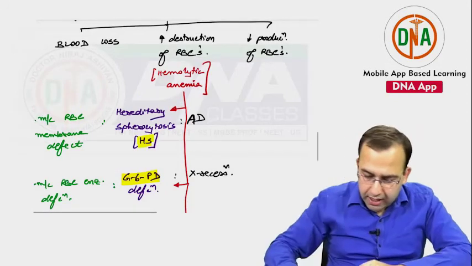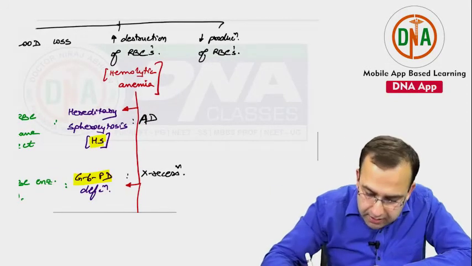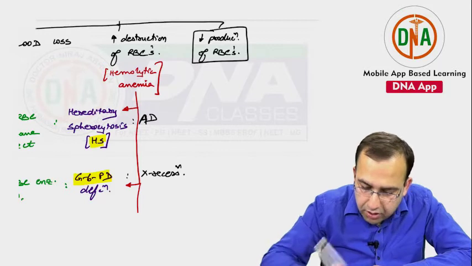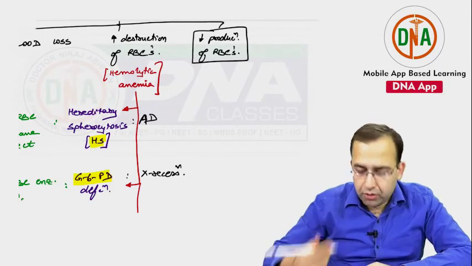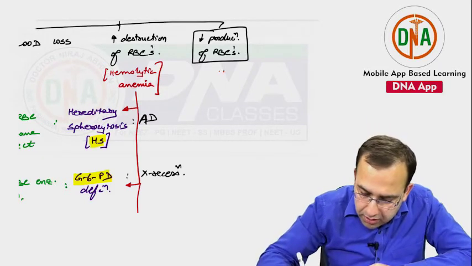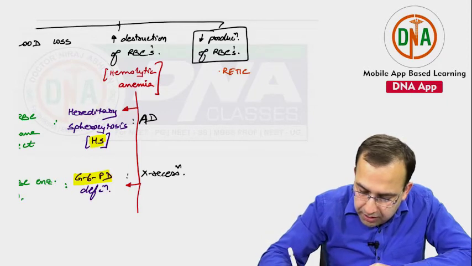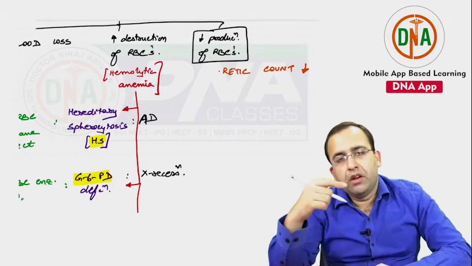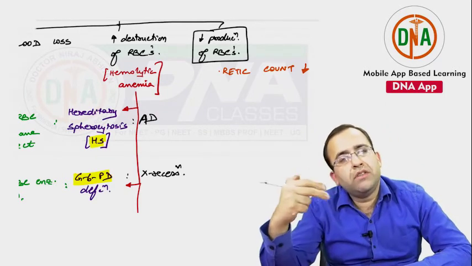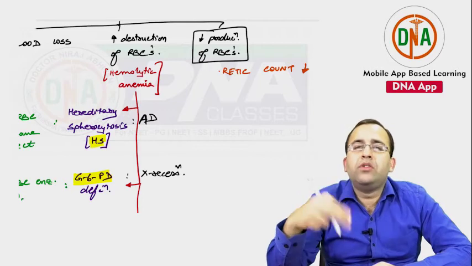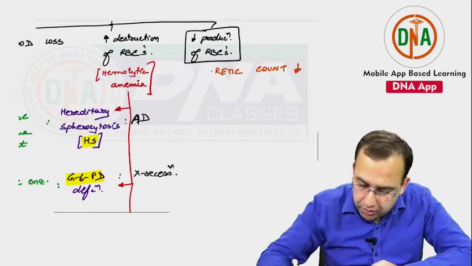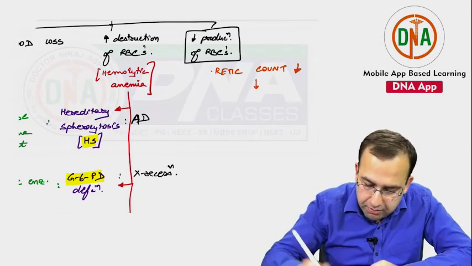And the last category is reduced production of RBCs. If the production of RBCs is reduced, it means the patient has a reduced retic count. Reduced production is associated with a reduced retic count. So diseases with reduced retic count. This is the third time we are making this table.